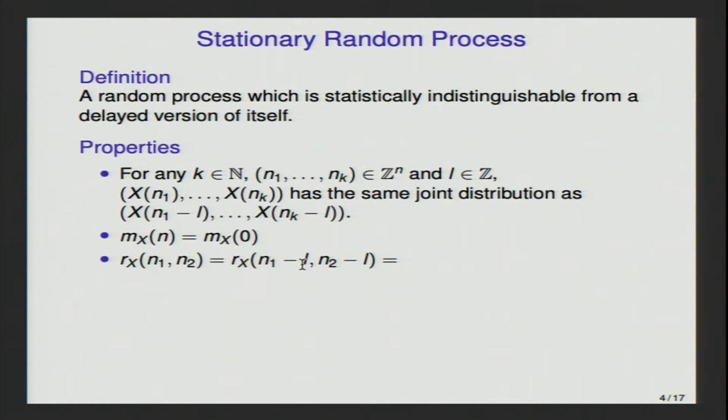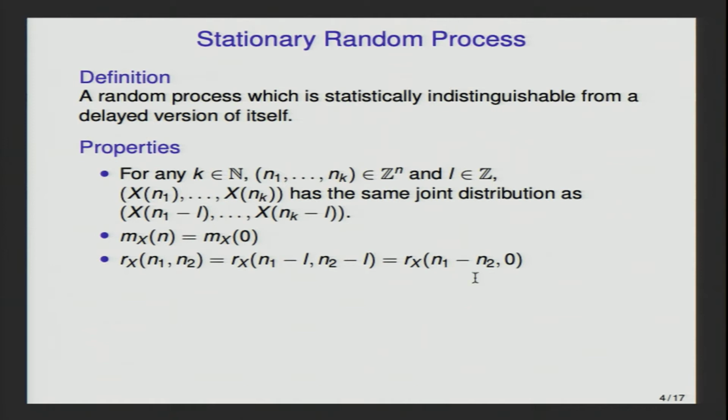If there is a lag of L samples, then the autocorrelation across samples delayed by L is what is defined here. This only depends on the lag, that is, how far apart the samples are separated decides how much they are correlated or uncorrelated.